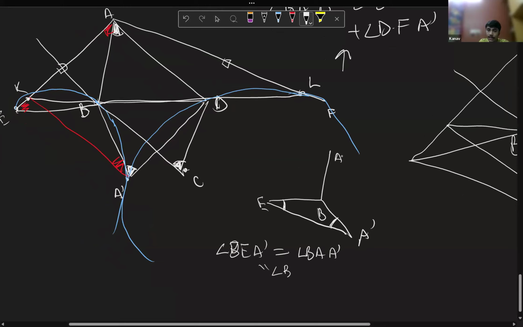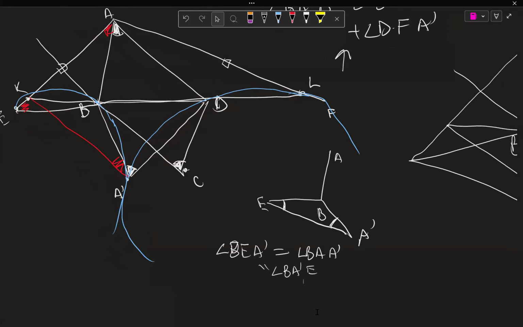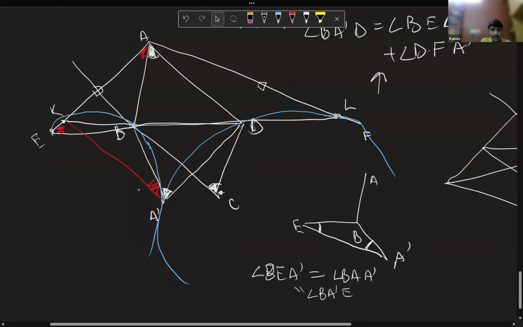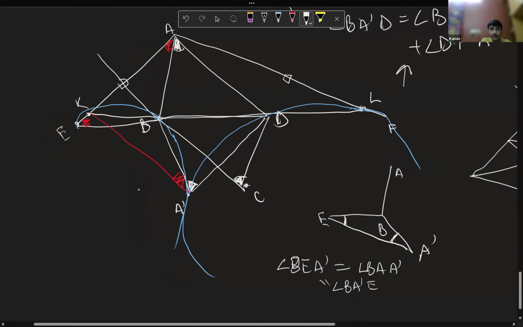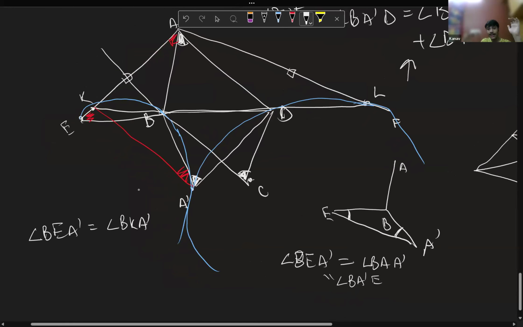BEA dash is equal to angle BA dash E. Okay, I saw it through a different route. BEA dash equals BKA dash equals BKA. Indeed, correct. BEA dash is equal to angle BKA dash. Again, now let's reflect everything back over BD. This is equal to angle BKA. I messed this up.